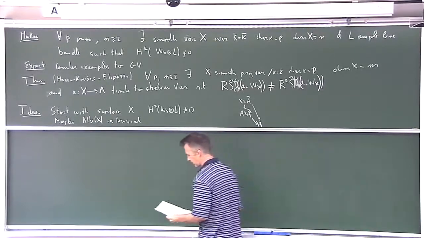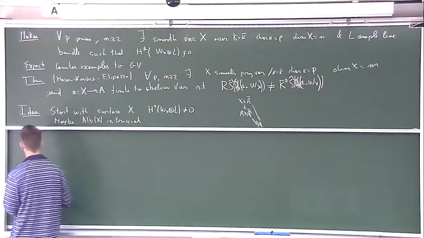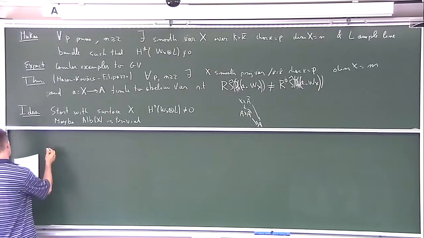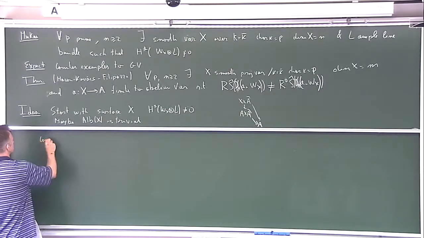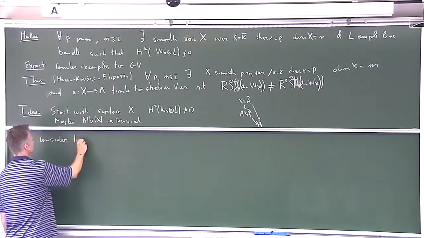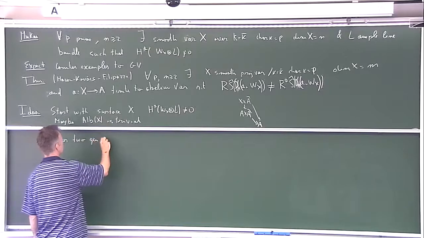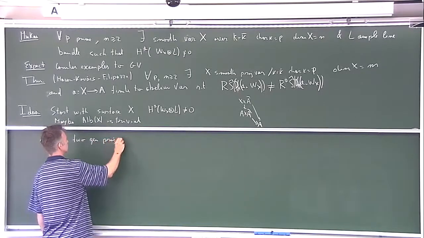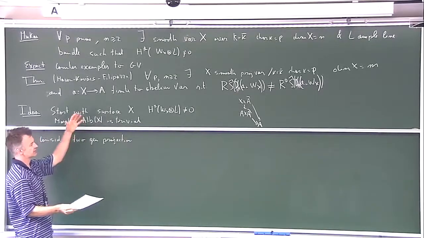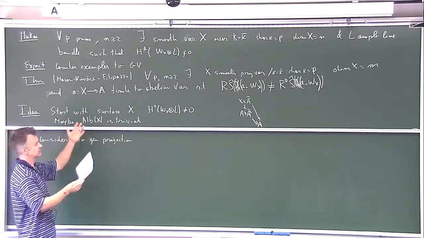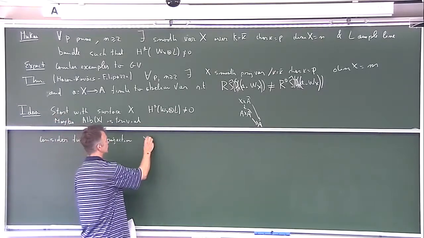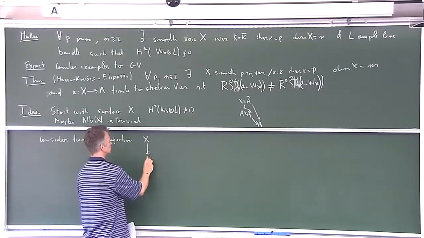Okay, so what I'm going to do is consider two generic projections. I'll explain it in a second. You think of X as being embedded in projective space by some sufficiently ample line bundle, and you keep projecting until eventually you get the projection from X to P2.